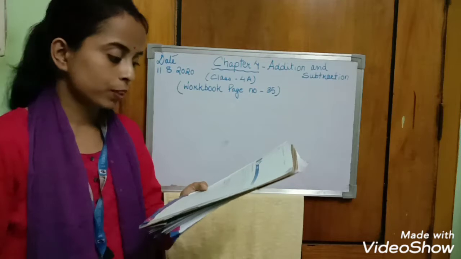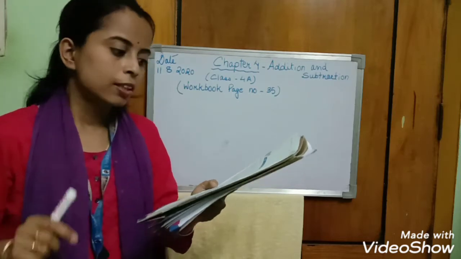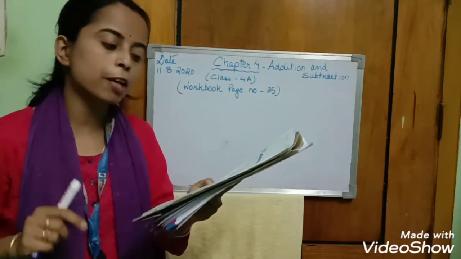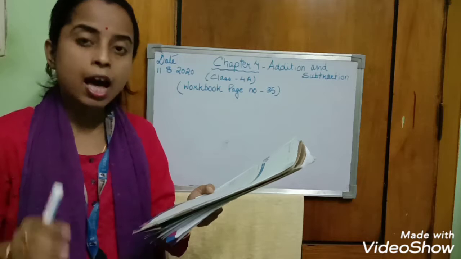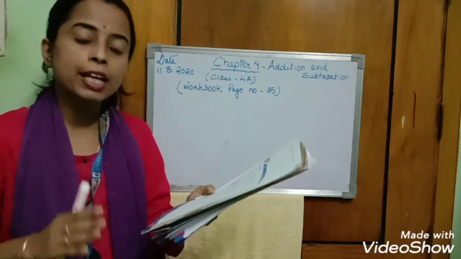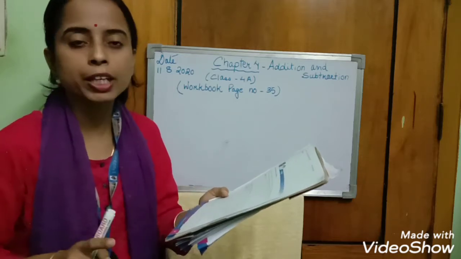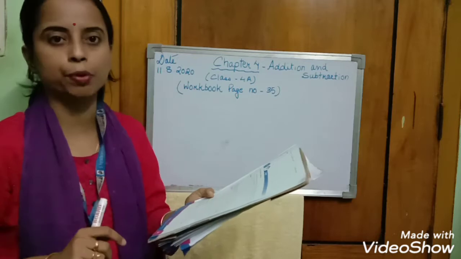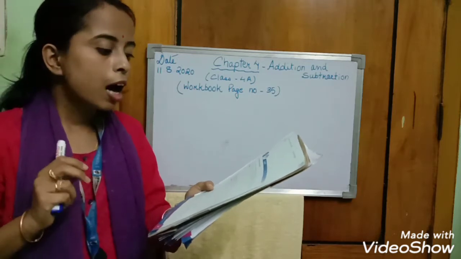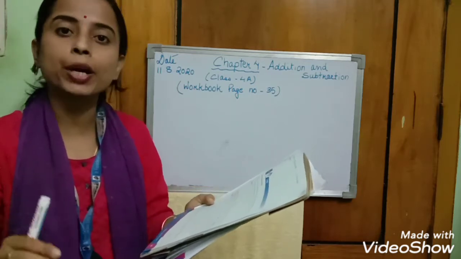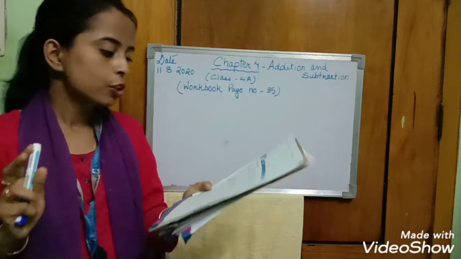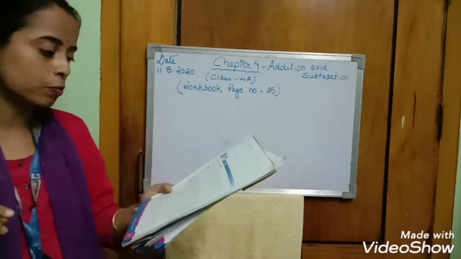Question number 18. Suresh had 33,359 flowers in his garden, out of which he gave 11,128 flowers for the stage decoration. How many flowers are left in Suresh's garden? So Suresh is a boy.